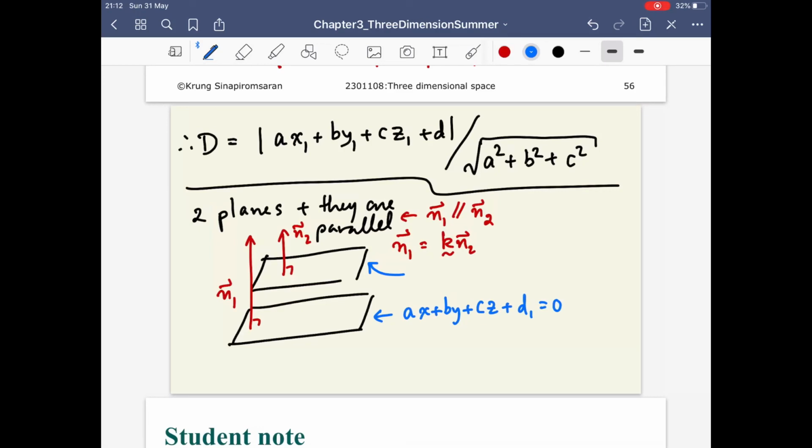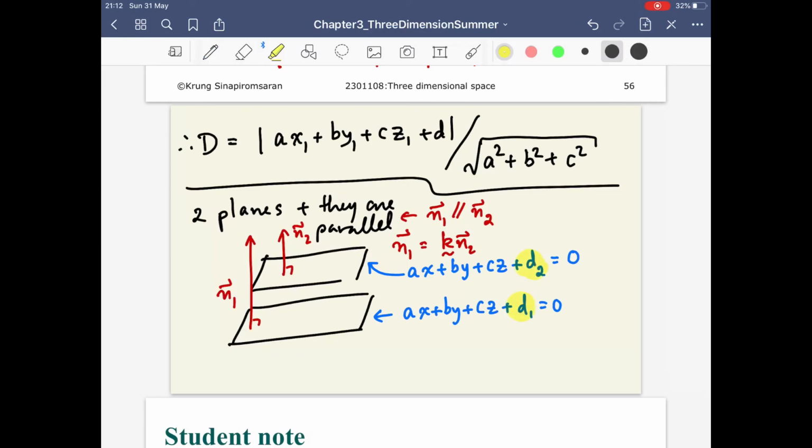However, you can do the factorization or division to make your x, y, and z have the same coefficients. The only difference will be the d right here at the end.